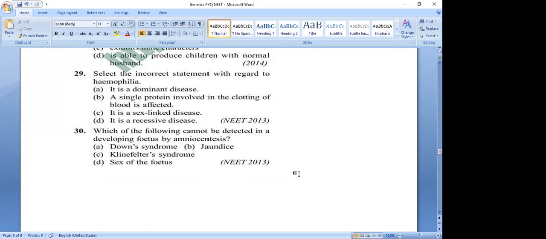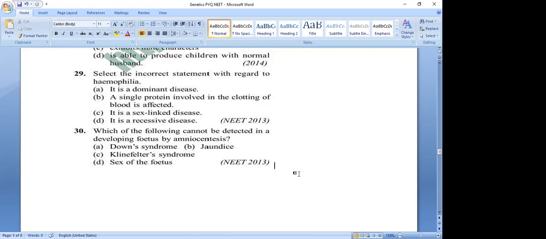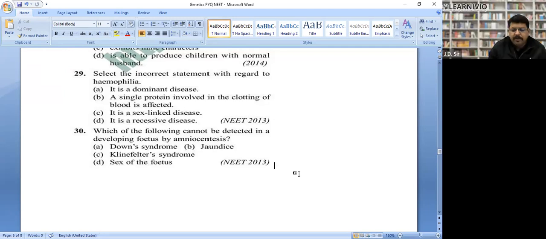Because there will be this fluid, something like amniotic fluid. With that we can test if the fetus has Down syndrome, Klinefelter syndrome, or the sex of the fetus. But I think jaundice cannot be tested with that, because jaundice appears after the birth.